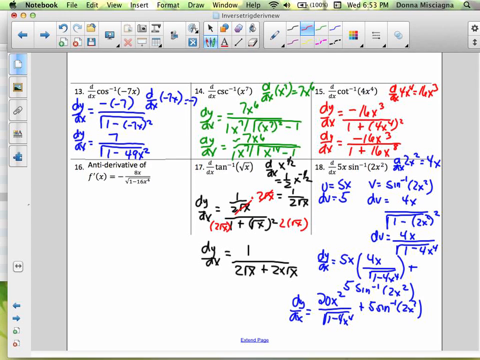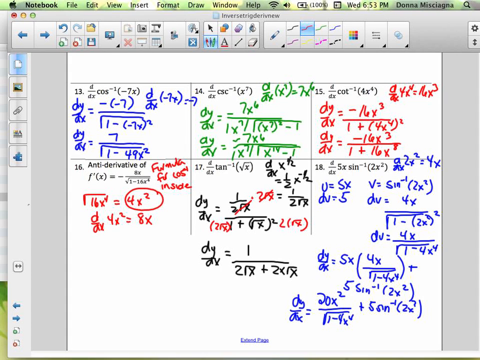So let's figure out the square root of 16x to the 4th. That would be 4x squared. And if we take the derivative of 4x squared, that's 8x. So that's what f prime of x, that's what the inside part must have been, right? So this is our inside part right here. And this is the formula for arc cos.